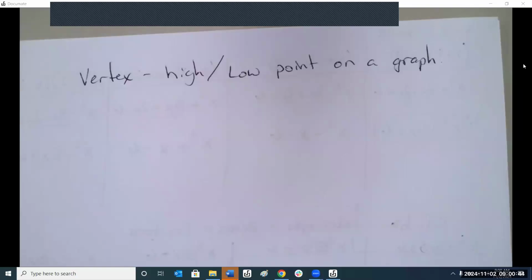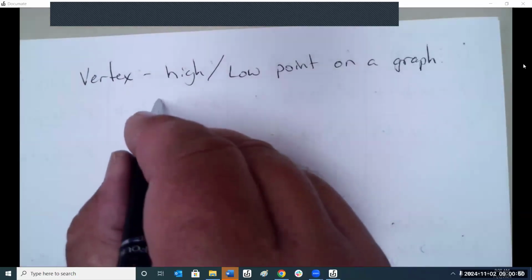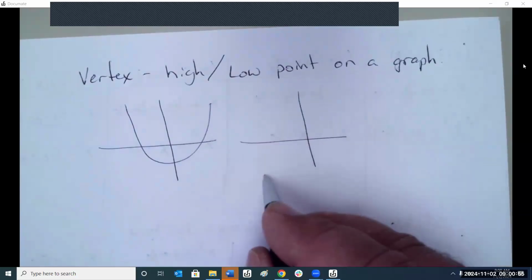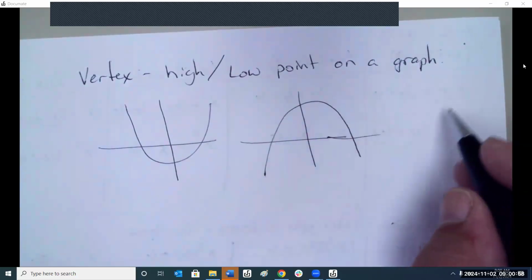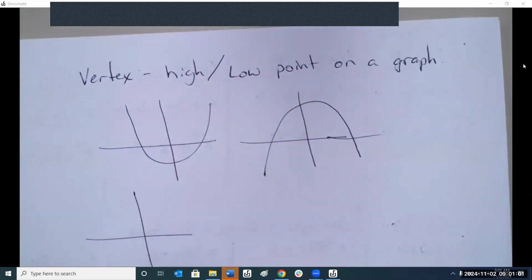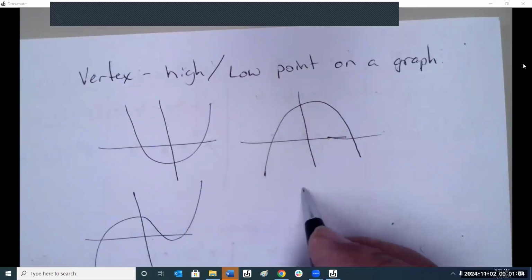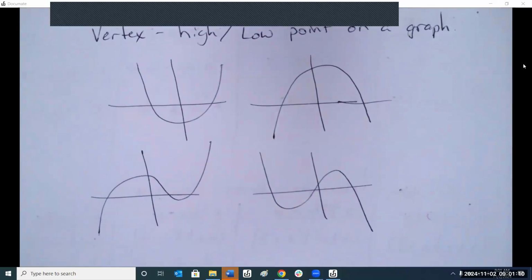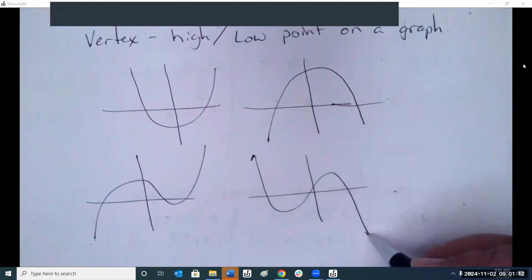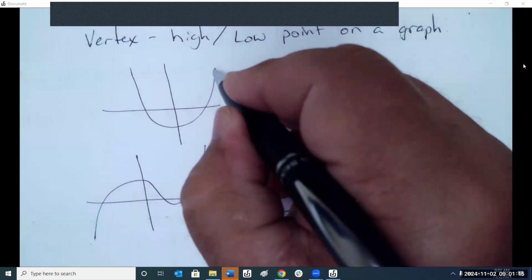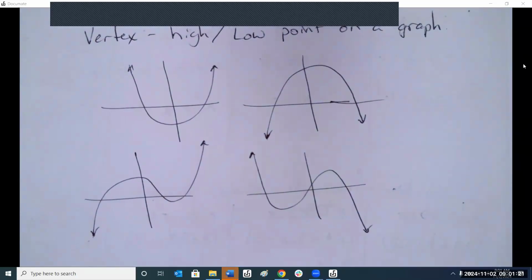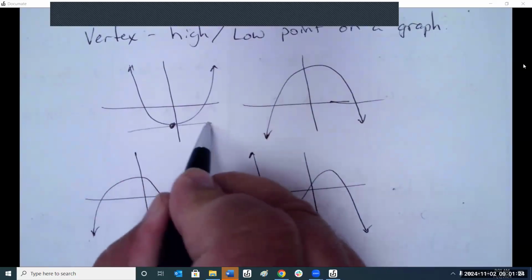The vertex is the high or low point of a graph. So this point here, that's the vertex.